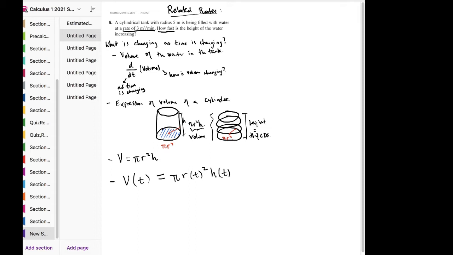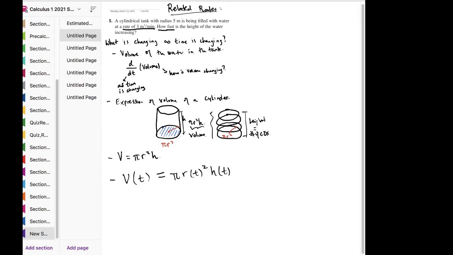So this is a valid expression for the changing volume of a cylinder. This would be your formula. It's related to how the radius is changing and how the height is changing. Is that an okay statement? So this is the changing volume over time. Any questions about that? Does that make sense?